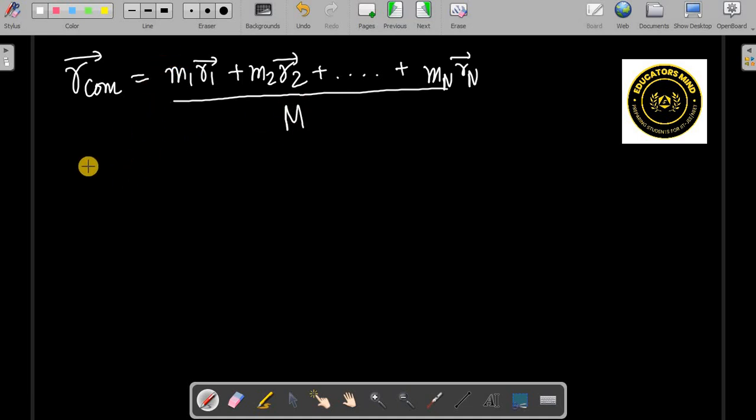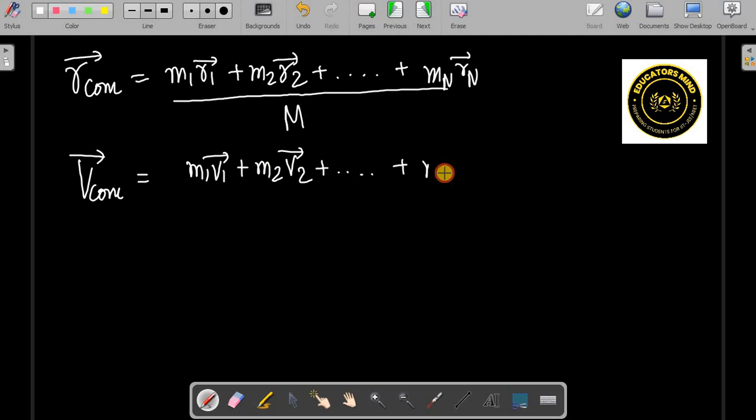Similarly, the velocity of center of mass is m1 v1 vector plus m2 v2 vector plus dot dot dot plus mn vn vector, divided by the total mass.